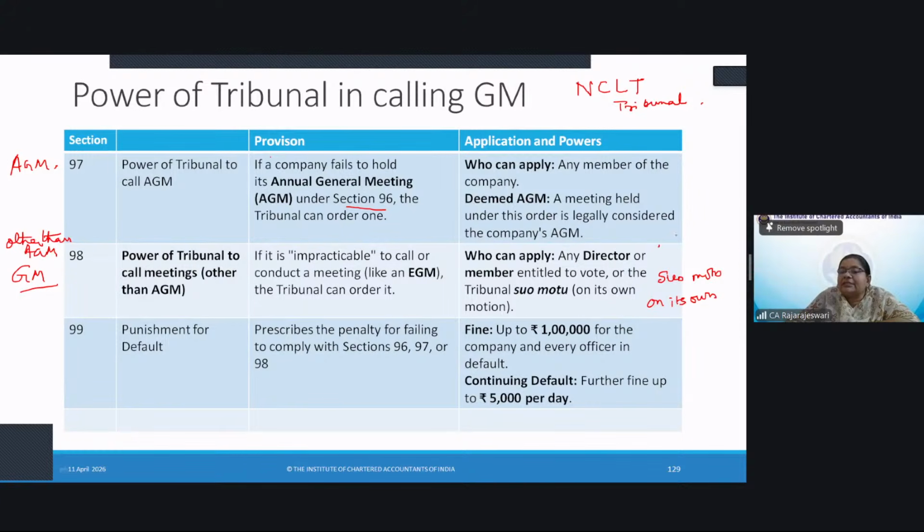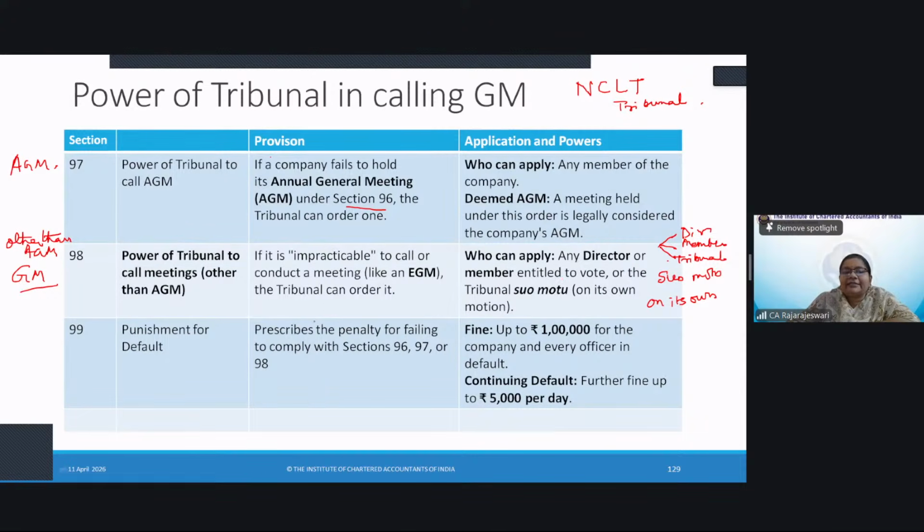So the concept here is either the director can apply to the tribunal or the member can apply to the tribunal, or with nobody applying, the NCLT suo moto, on its own motion, can also call a general meeting. So this is for a general meeting other than AGM.